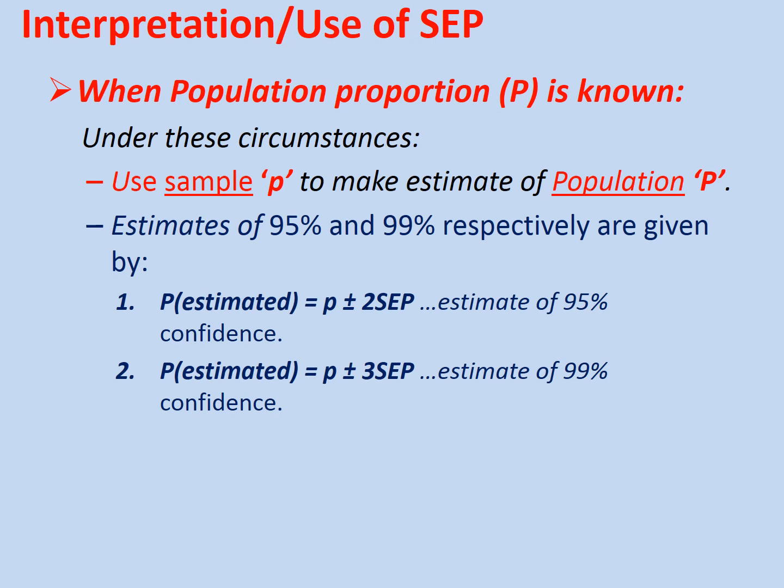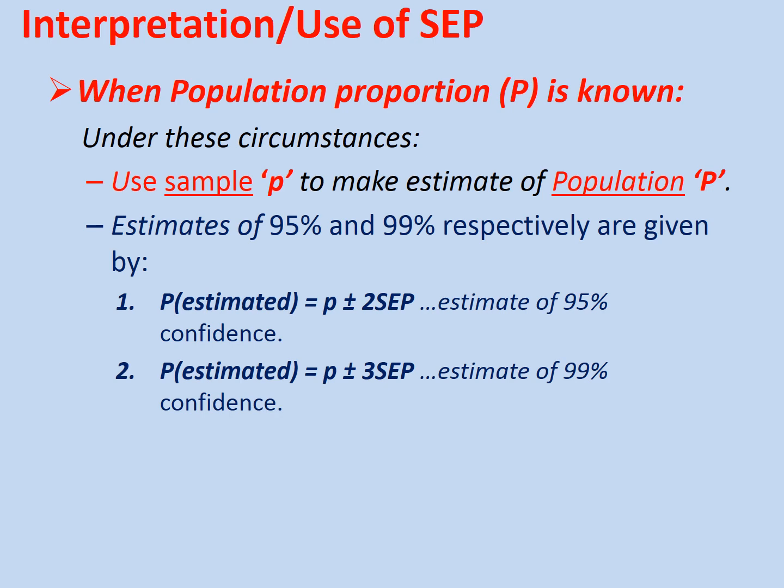What I want to convey is, whenever you don't have information about the population proportion, you can replace it with the sample proportion, or small p, like we did in the standard error of mean. And the rule of confidence limit is the same here.